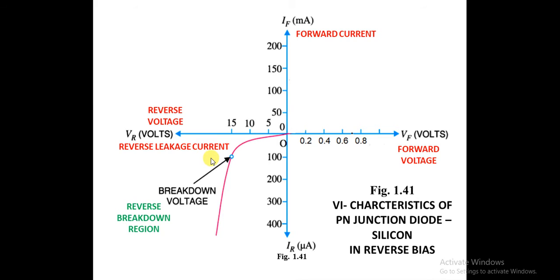And after the breakdown voltage, a large reverse current will flow, and this large reverse current causes damage to the diode, and the diode may get burned out. So this region is called the reverse breakdown region or the avalanche breakdown region.